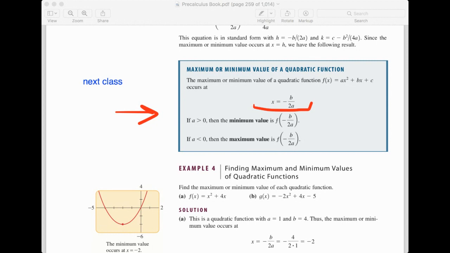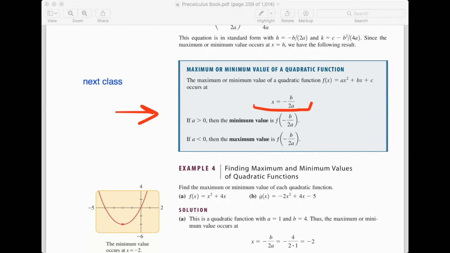And then we see we have one kind of standard form. We have a couple kinds of standard forms. One type is f of x equals ax squared plus bx plus c, right?